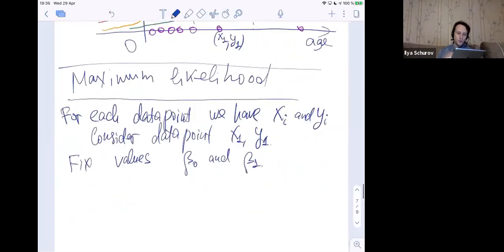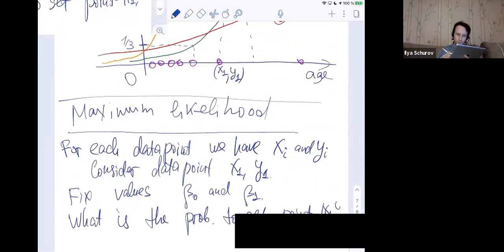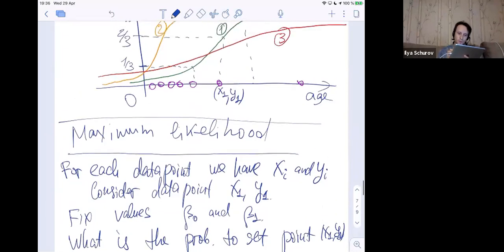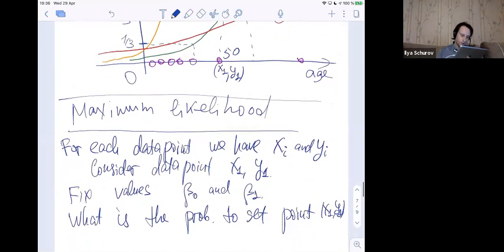Then I ask the following question. What is the probability to get the point, okay, I have to put some numbers here, like 50, that we actually got, provided that the model is correct?